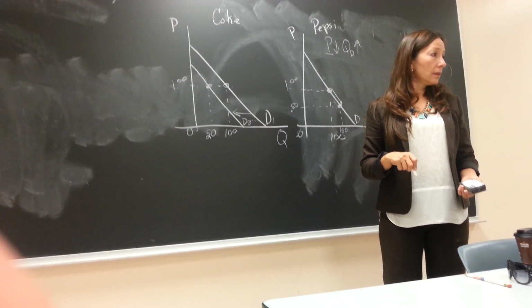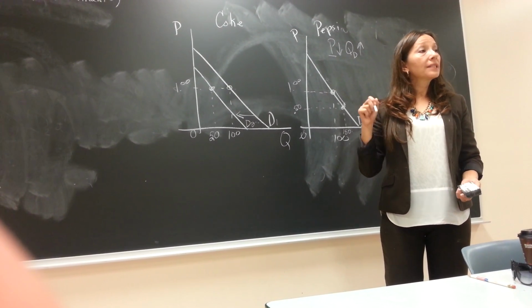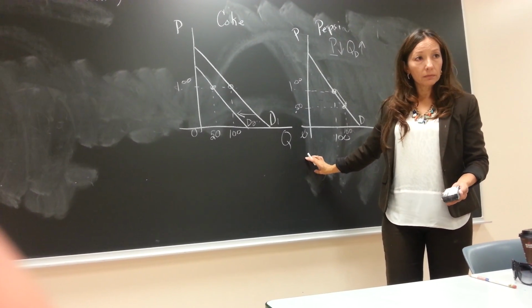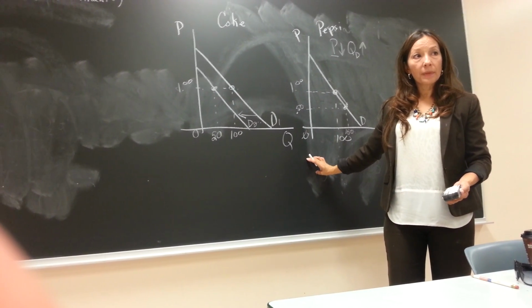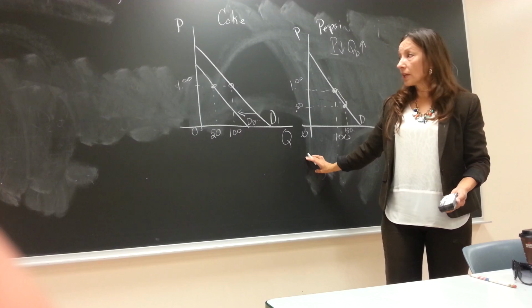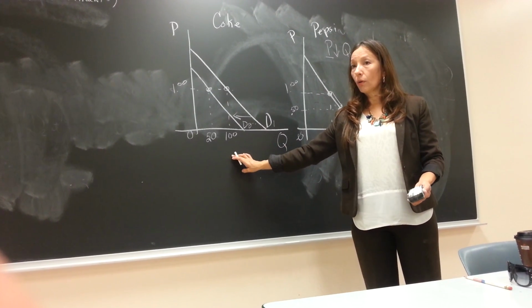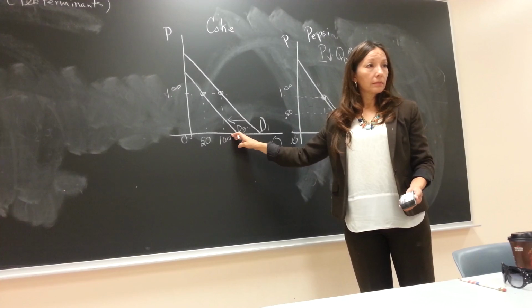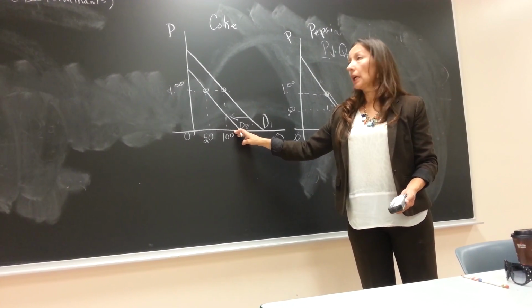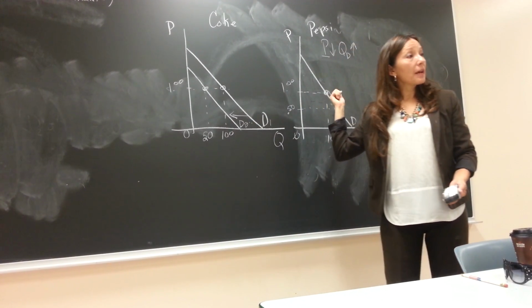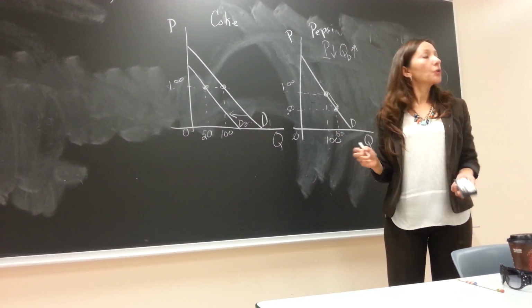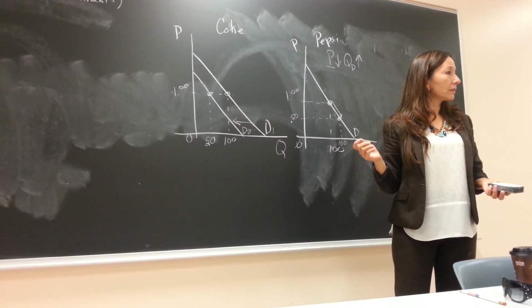Okay. So when the price of a substitute, in this case Pepsi, goes down, that means that the demand for your product in question, in this case being Coke, is going to shift to the left. Okay. Because by lowering the price, Pepsi is stealing Coke's customers. Well, attracting Coke's customers.